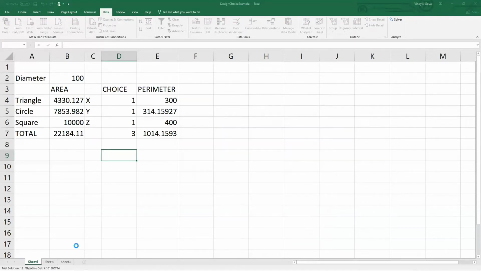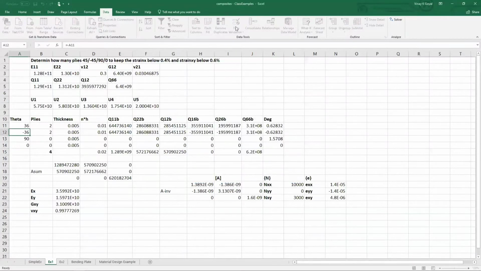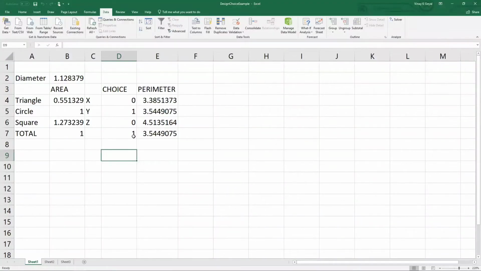You can see here the optimizer is doing its work. It found a solution, just a second here. Now I have pulled up the Excel sheet, and you can see the optimizer has found the proper diameter that gives me the area of 1.